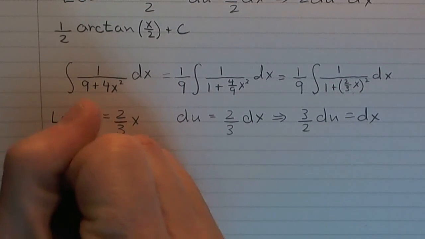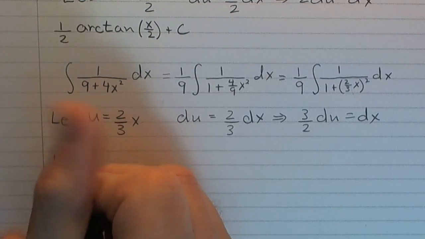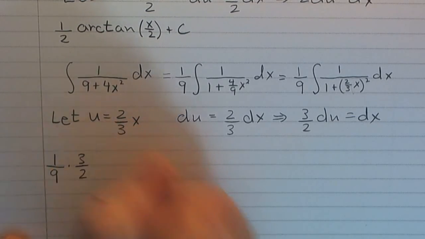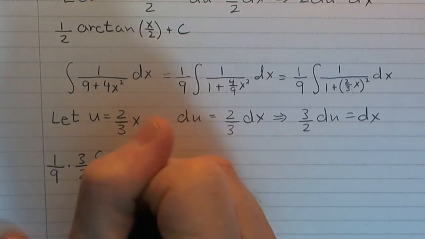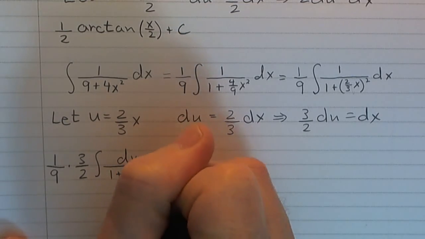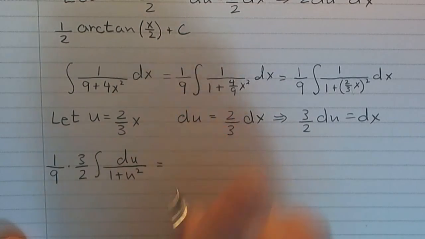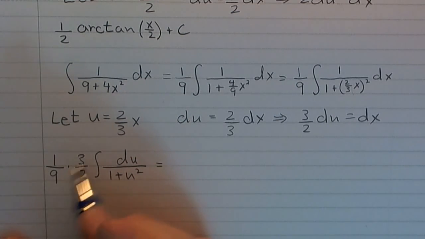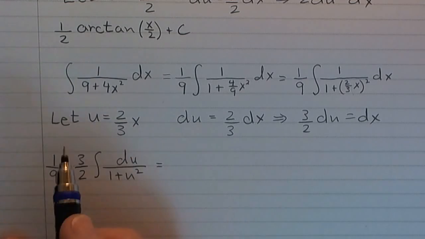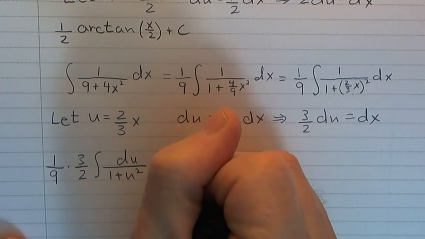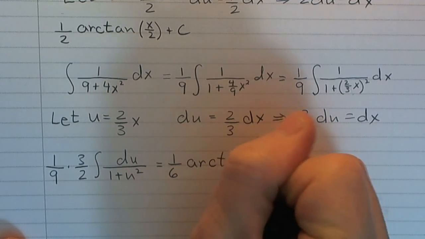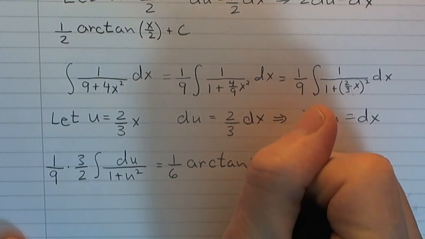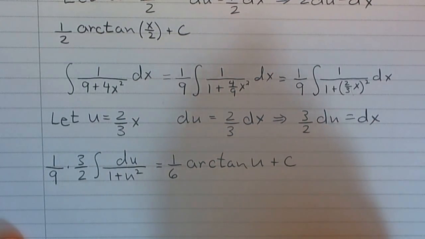Now let's see what we have. We have 1/9 times 3/2, du, so I'll put a du up here, over 1 plus u squared. And notice this 3 and that 9 simplify down to 1/6 arctan of u plus c.